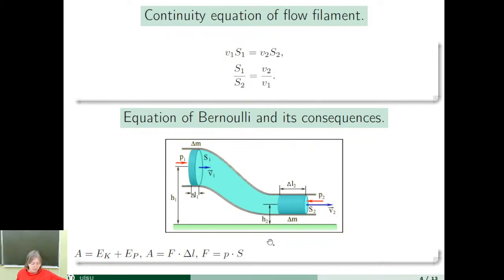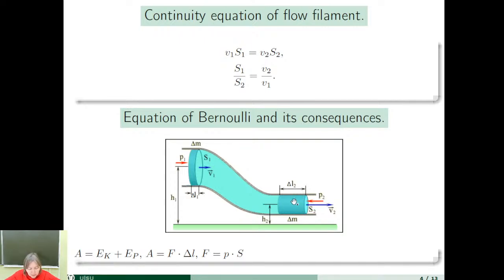In time delta t, this volume will be displaced along the tube of current, and the border of volume S1 will receive displacement delta L1, and border S2 displacement delta L2.